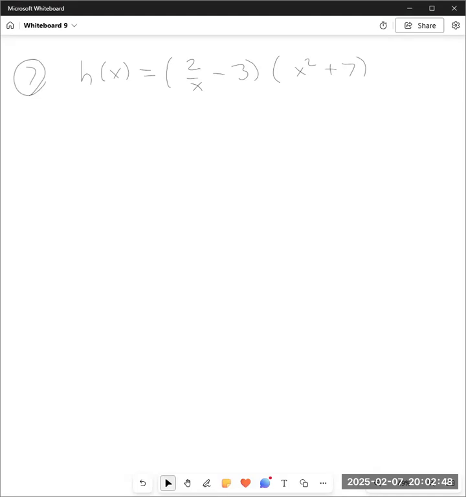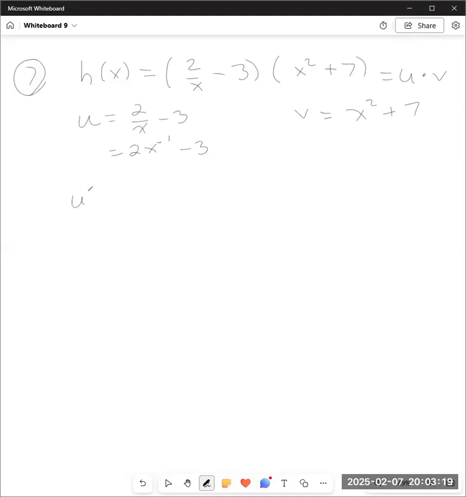All right, so I'm going to call this u times v, where u is 2 over x minus 3, which is the same thing as 2x to the negative first minus 3. v is x squared plus 7.